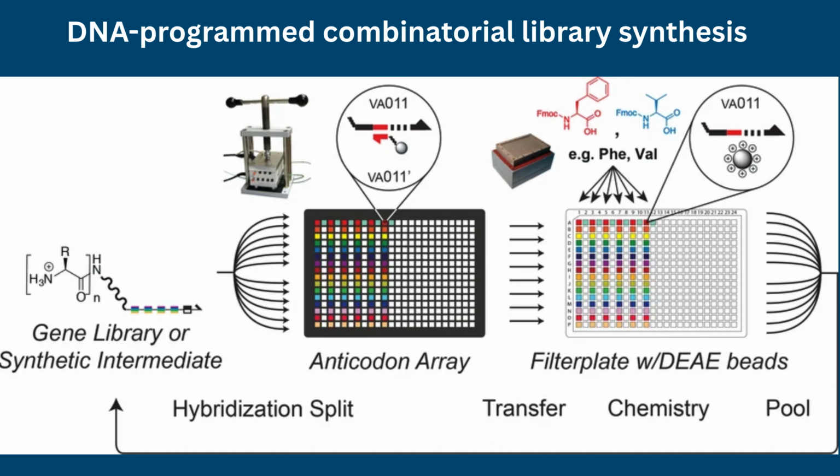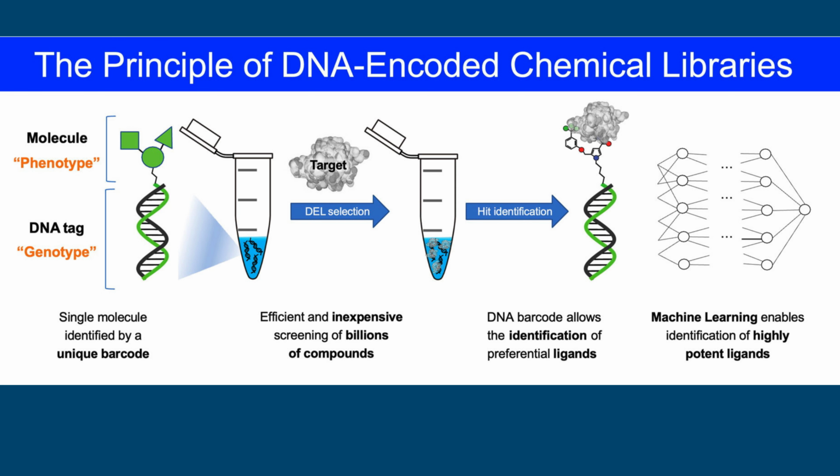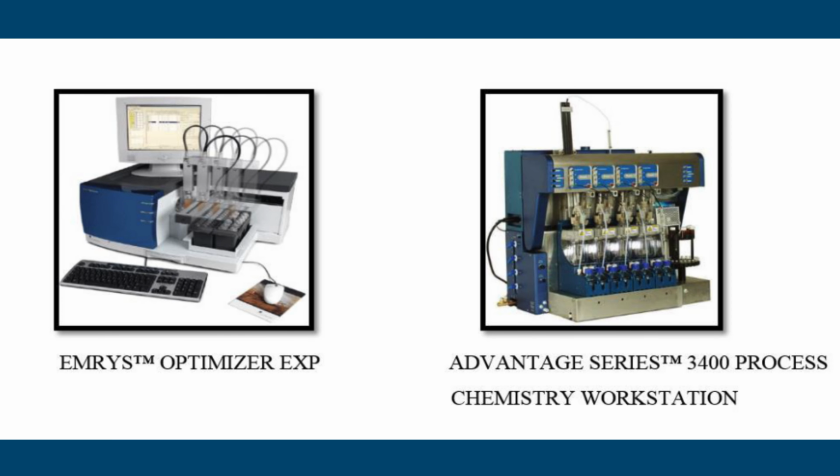Various encoding methods have been developed, including chemical tags, nucleic acid barcodes, and spectroscopic markers. DNA-encoded chemical libraries represent a major advancement, enabling the synthesis of vast numbers of compounds that can be identified through DNA sequencing techniques.